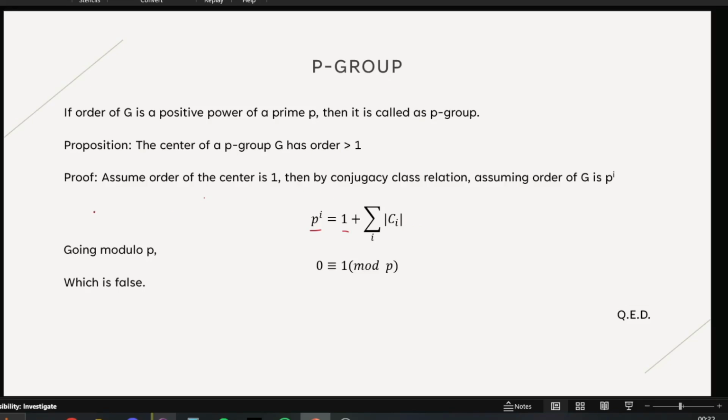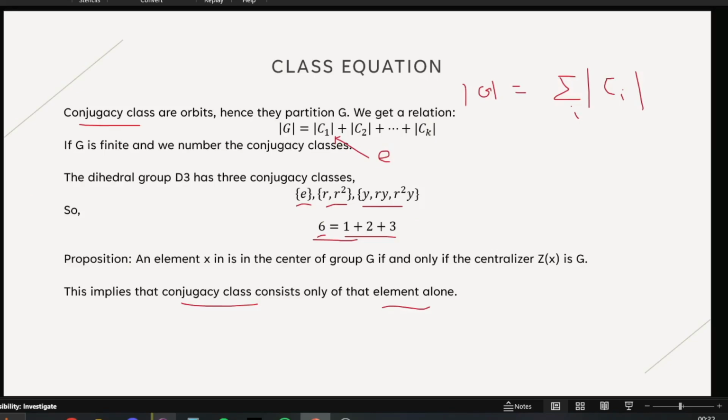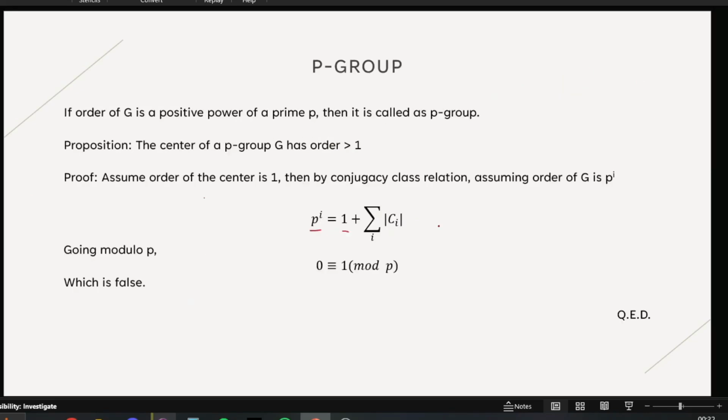Another thing with conjugacy classes is that since they are essentially orbits, their individual order must divide the overall order. So if we take this and go modulo p, this entire term will become 0.